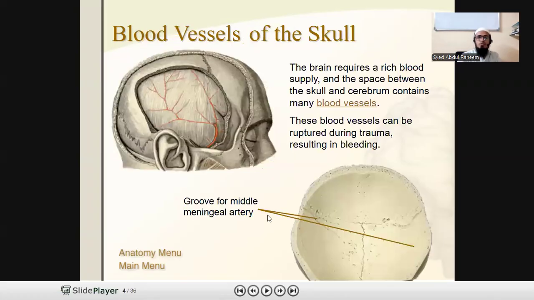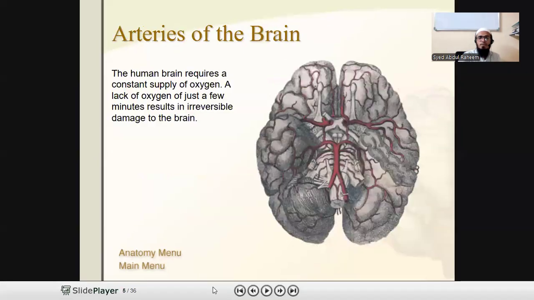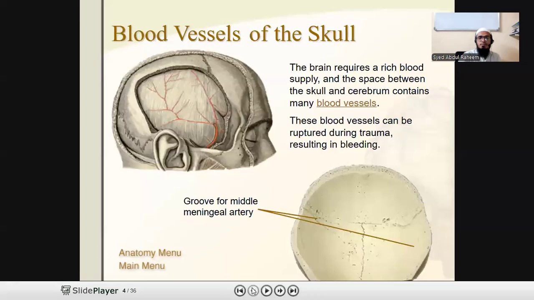So these are the brain vessels. Brain blood vessels, blood vessels of the skull. The brain requires a rich blood supply. That's the reason a number of arteries supply the brain.